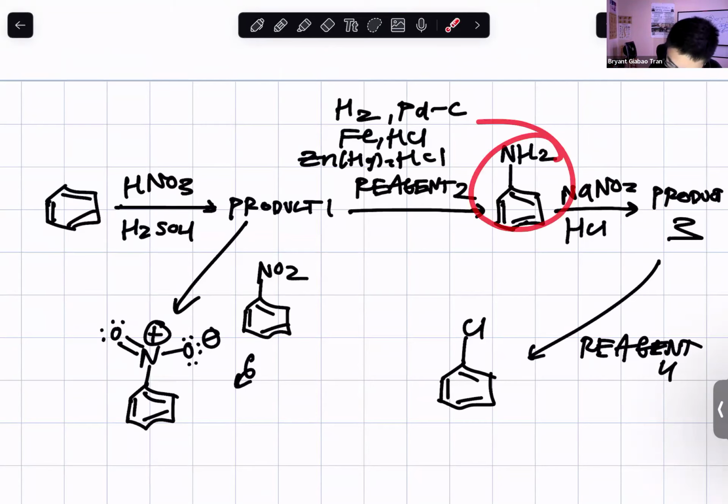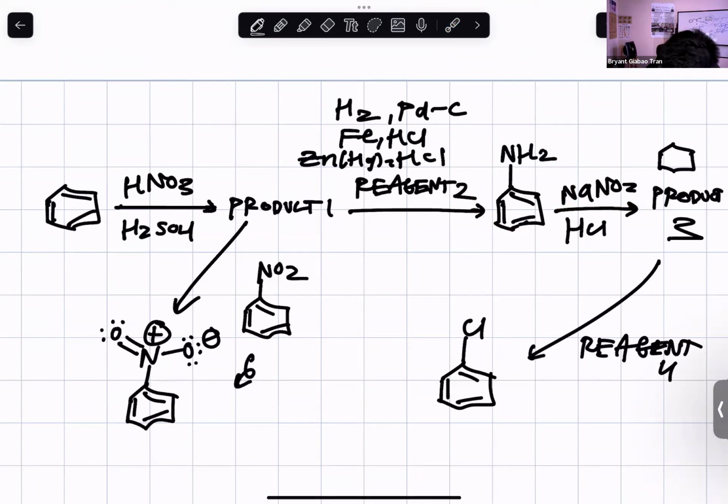And then when we have the aniline, which is a primary amine, and we react it with NaNO2 HCl, that's going to give us this diazonium salt here, where we have a triple bond between the two nitrogens, where the nitrogen in the middle has a full positive charge.